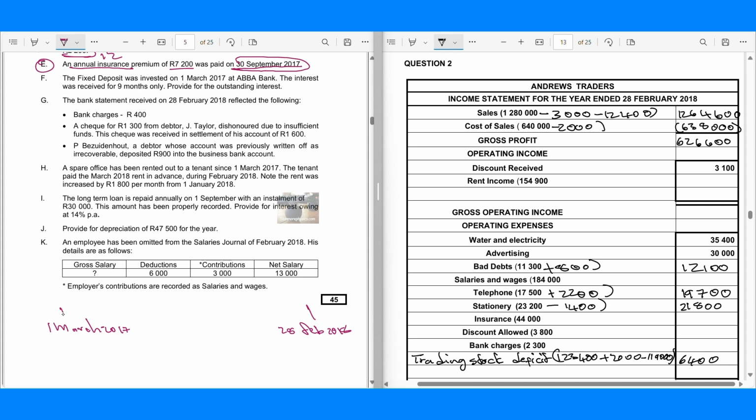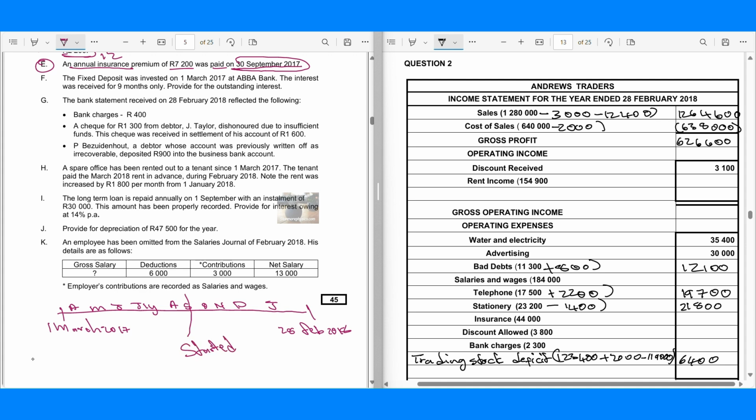So this is the timeline. After March, we have April, May, June, July, August, September, October, November, December, January. So check here. When you check, it started to be paid on 30 September. This is September. Started here.